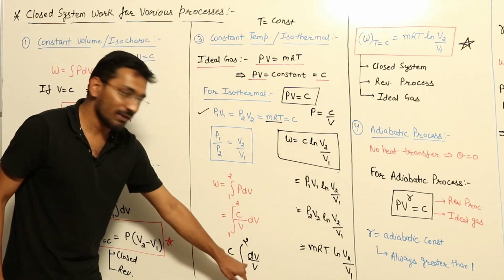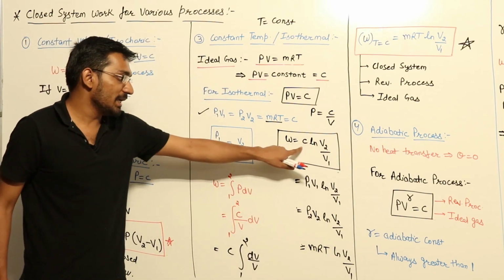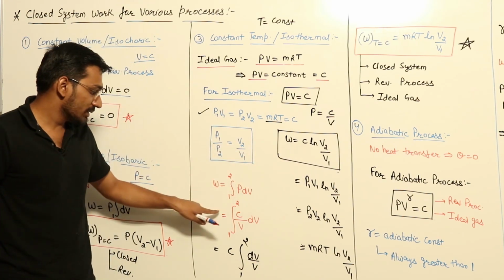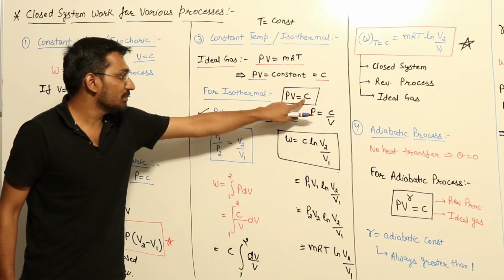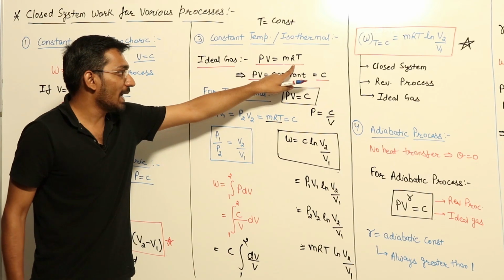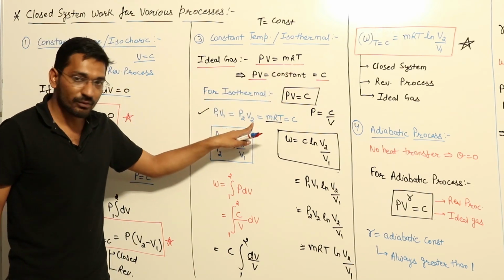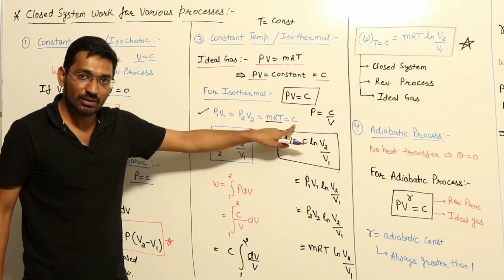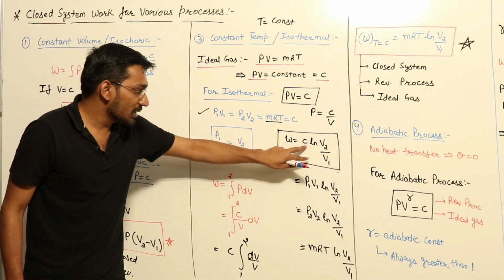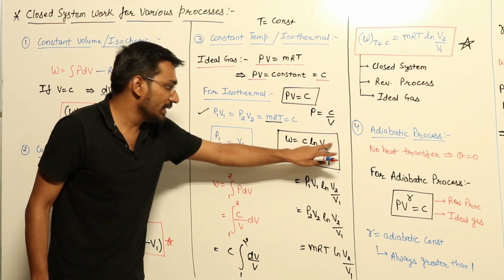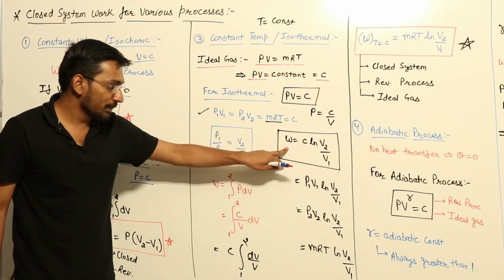Right? Here C is P into V, which is equal to MRT, or P1V1, which is equal to P2V2, which is equal to MRT, some constant. So this C into ln V2 upon V1 will be the work done.